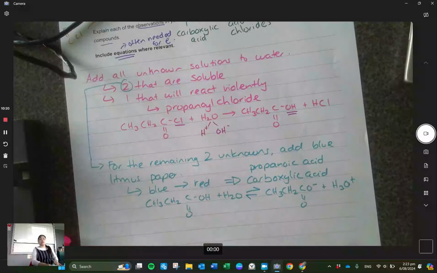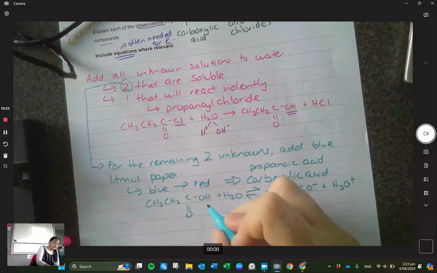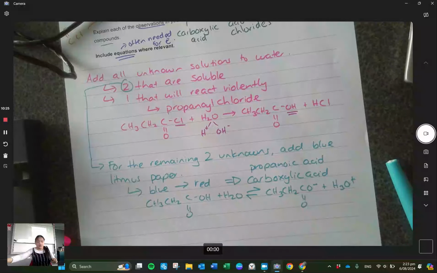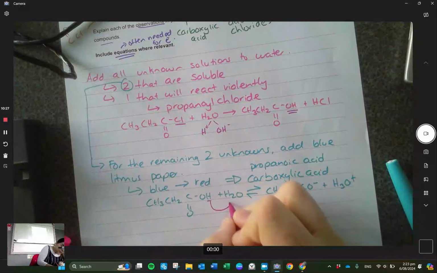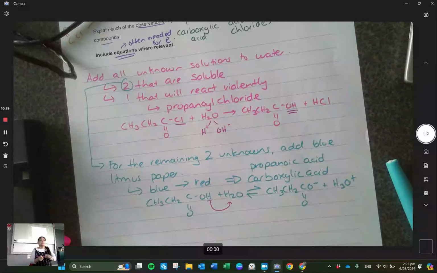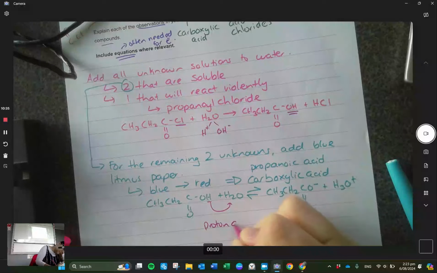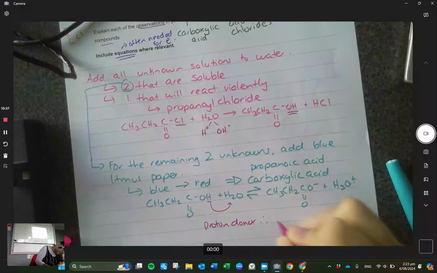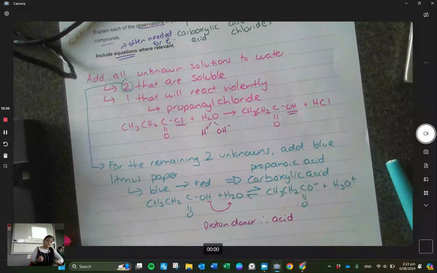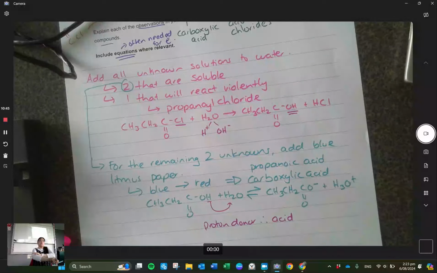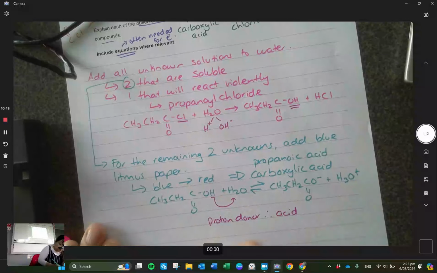So that's releasing the hydrogen ion. So this hydrogen ion here is going on there. So a proton donor, that is an acid. The one that remains blue is propanol.